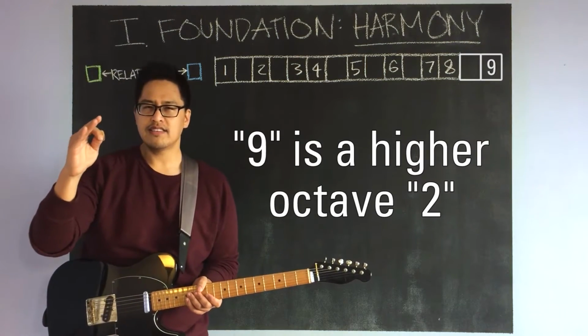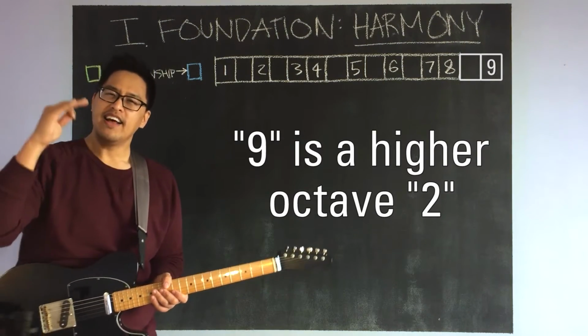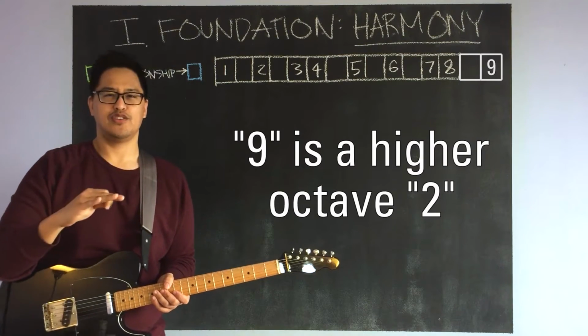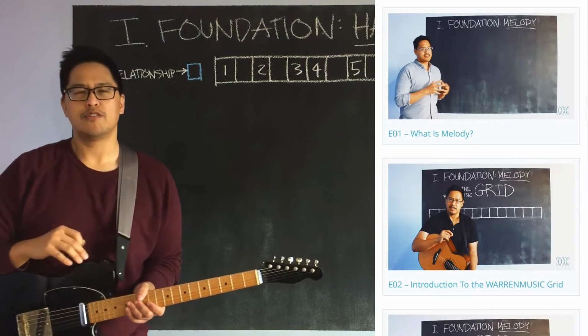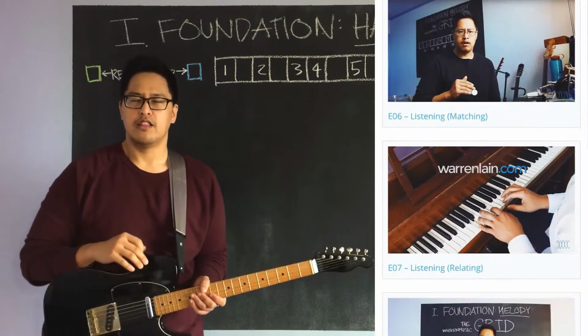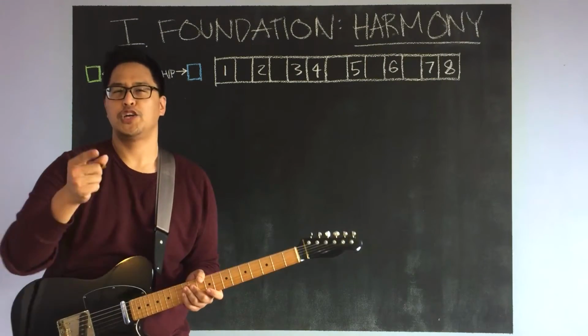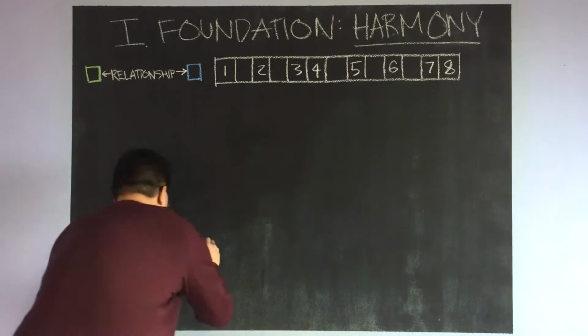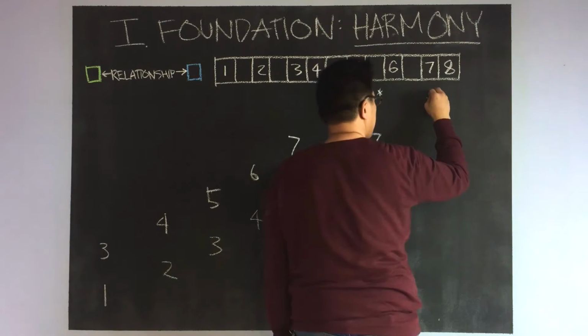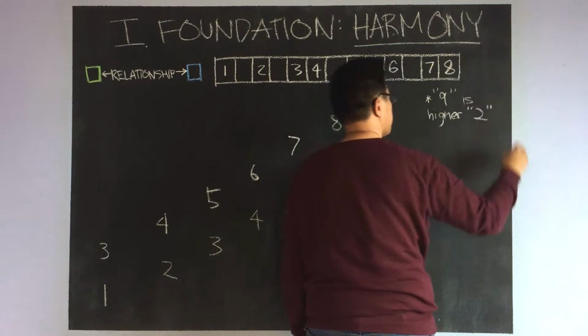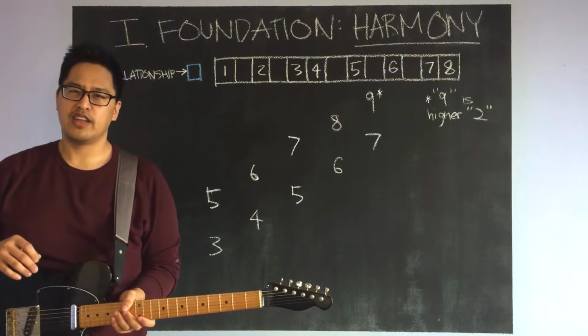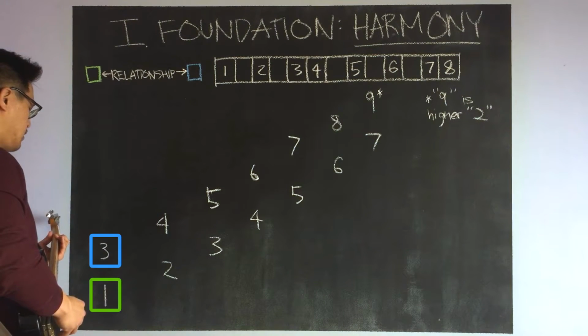Remember, 8 is just a higher 1, and 9 is just a higher 2. If you're confused about any of this, definitely check out the melody module. Still available. Now I'll show you all of them in writing. Now here's how each of them sound in sequence.